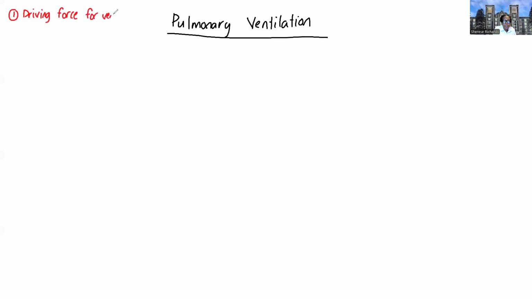Reviewing pulmonary ventilation. Let's just remind ourselves what the driving force for ventilation is. It is basically our pressure gradient, right?